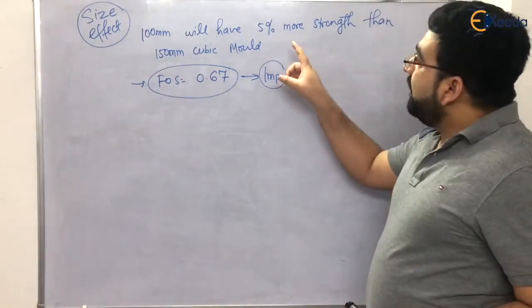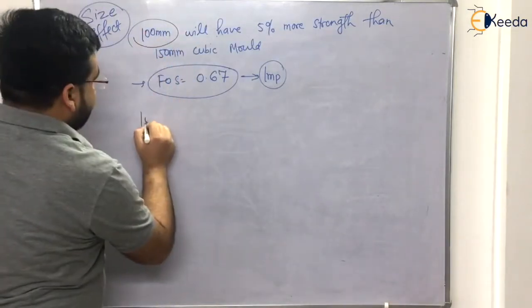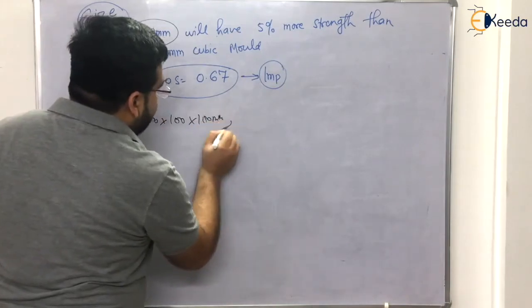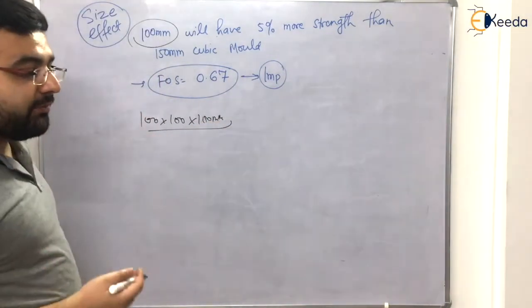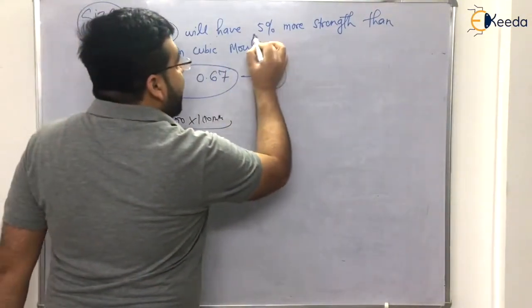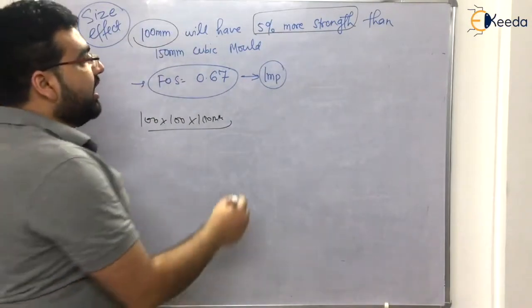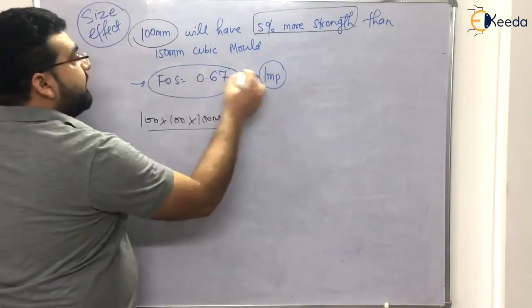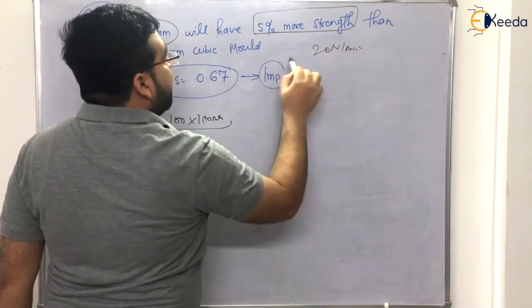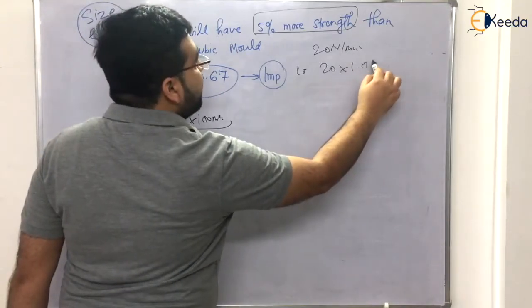Now, if you use a 100 into 100 into 100 mm mold, it is found by some experiments that the strength will increase by 5%. It means that, let us say 150 into 150 into 150 was having 20 Newton per mm square strength, then the 100 mm mold will have 20 into 1.05.